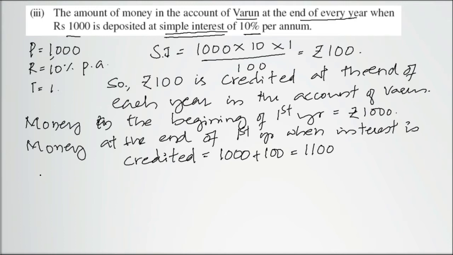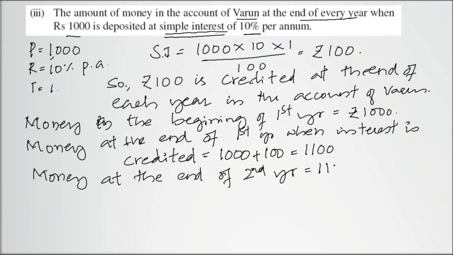So money credited after second year, at the end of second year, will be for 1100, again rupees 100 is being added, it will become rupees 1200.